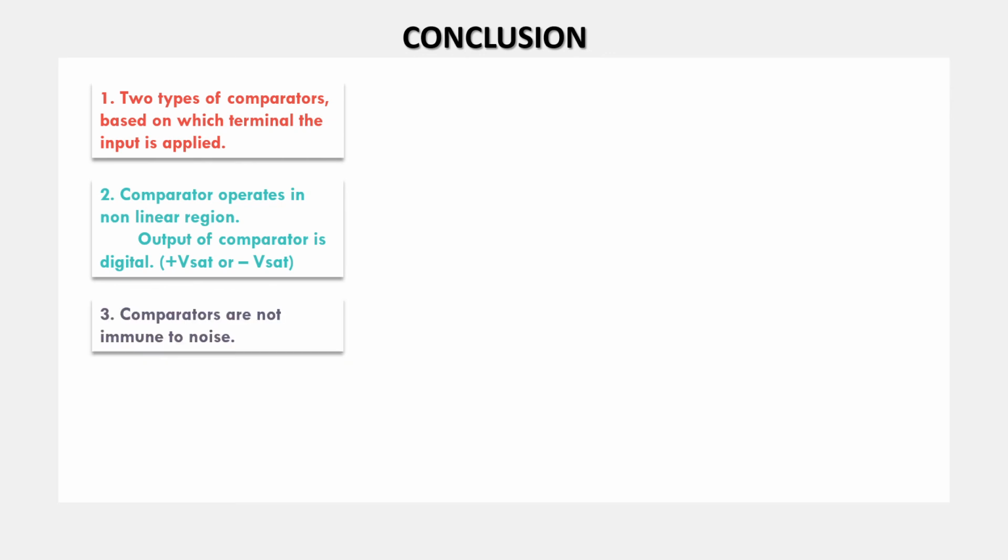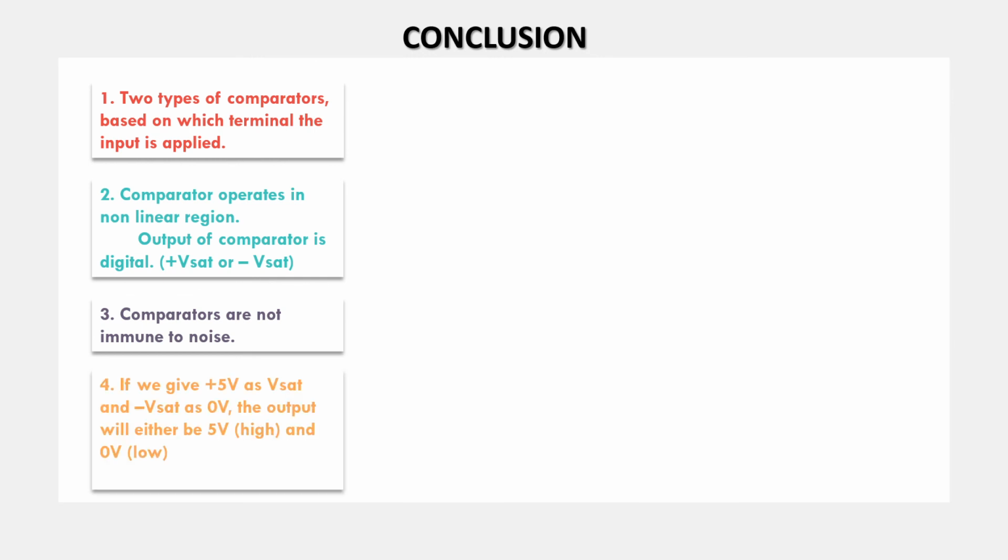Comparators are not immune to noise. If the input signal is noisy, the output will not be stable as we desire. The output keeps oscillating between plus VSAT and minus VSAT. If we set plus VSAT as 5 volt and minus VSAT as 0 volt, the output will be either plus 5 volt or 0. These comparators can be used with combinational logic circuits, sequential circuits and other digital circuits.